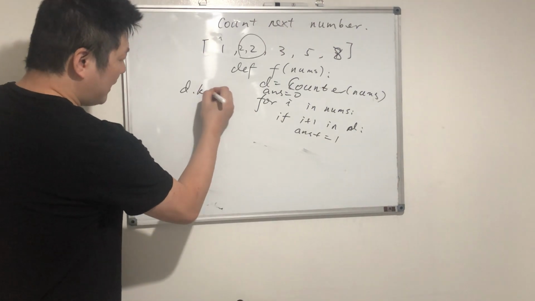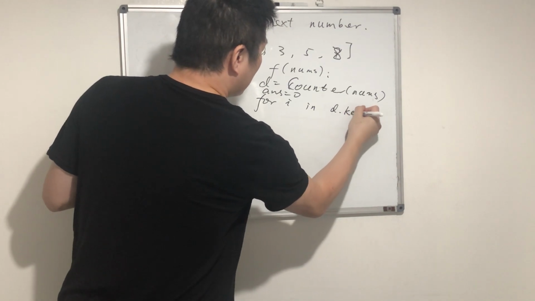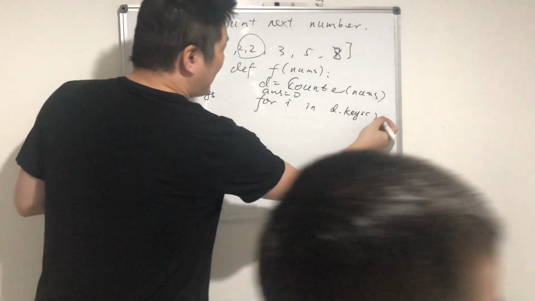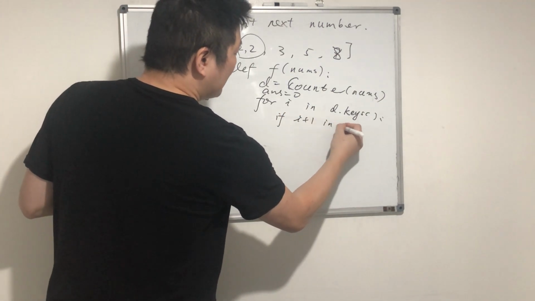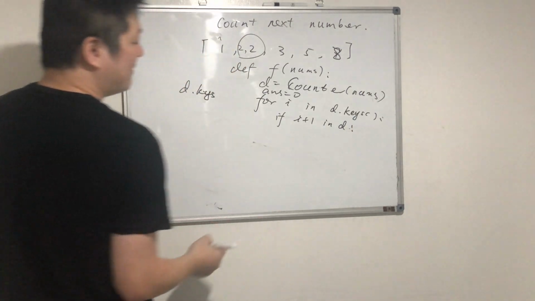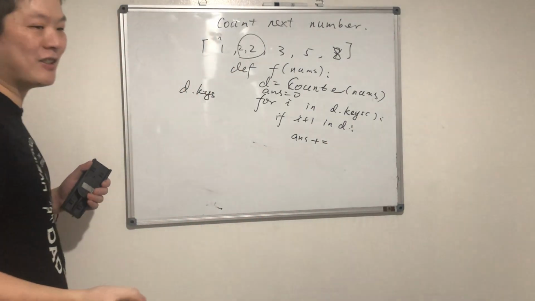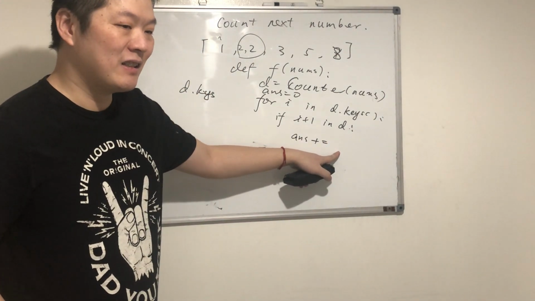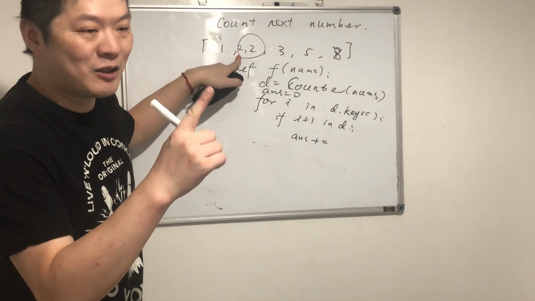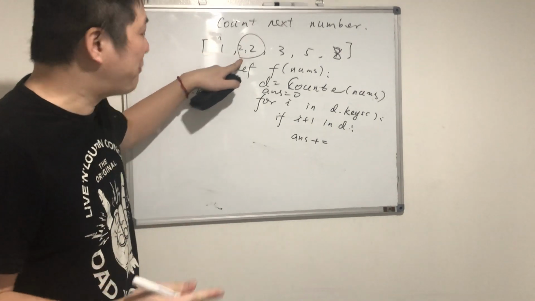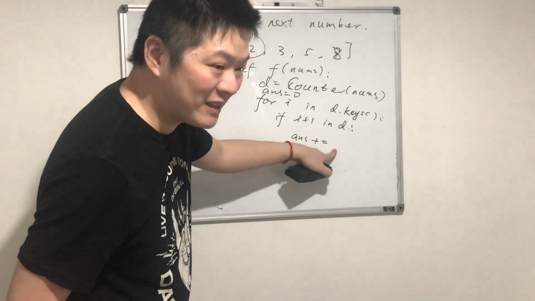So for i in D dot keys, if i plus 1 in D, then answer plus equals what? It's not 1 again, because we iterate the 2 only once. So we need to add 2 instead of 1. The previous one we iterated the number twice, so we could add 1. So what's this now?